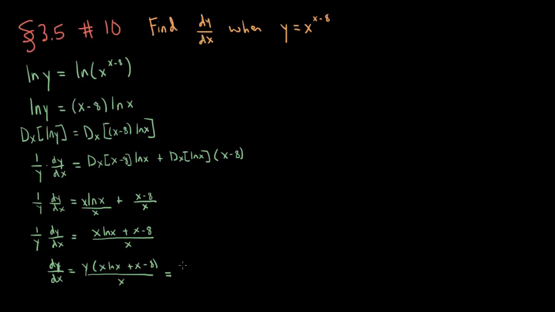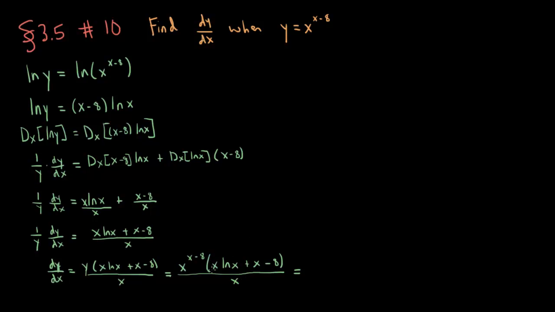So we can say this equals x to the x minus 8 power times x natural log x plus x minus 8 all over x. Now the last little thing to do is to notice we have an x raised to a power on the numerator and x raised to the first power on the denominator.